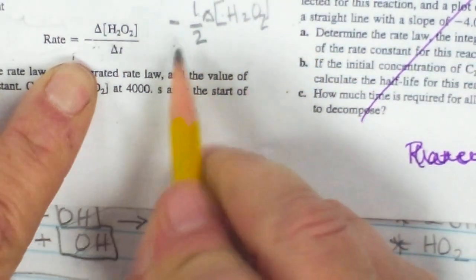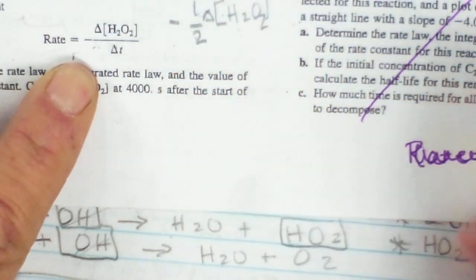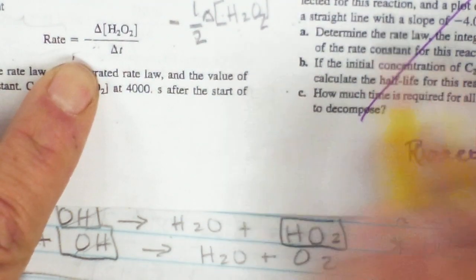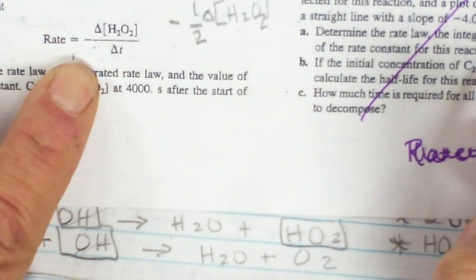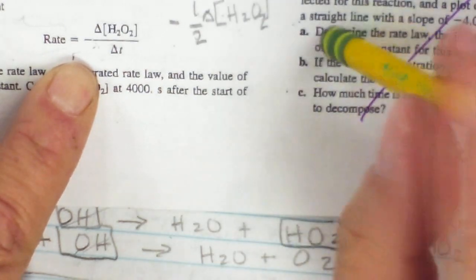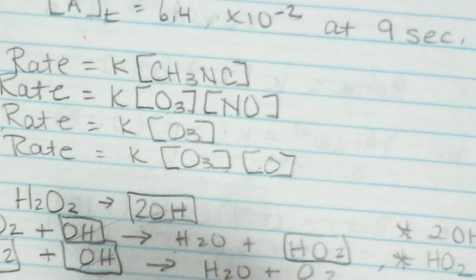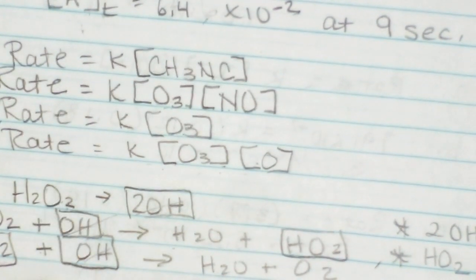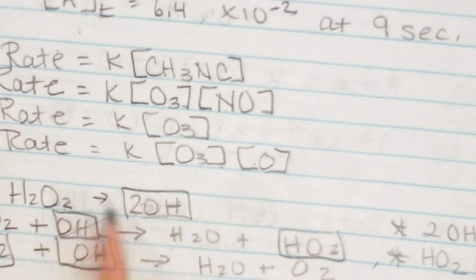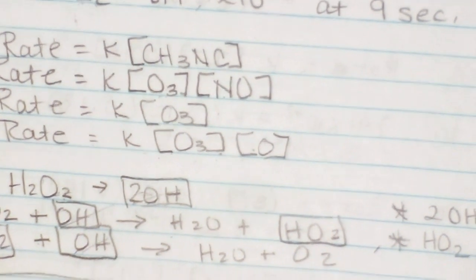Which means that for every 1 hydrogen peroxide that goes over, that is the rate of the reaction, right? Which means that if I double the hydrogen peroxide, the rate is going to double, which means the exponent is 1. So this right here is going to be the rate determining step.